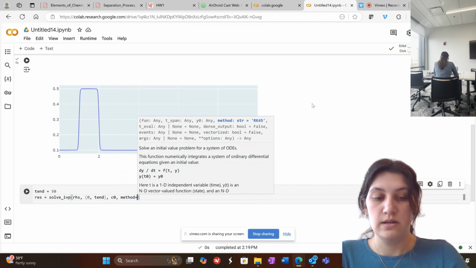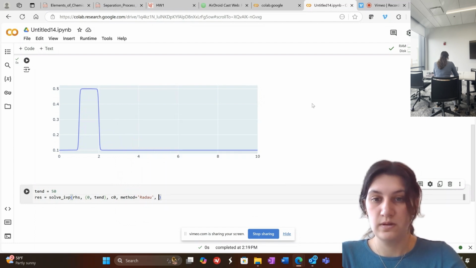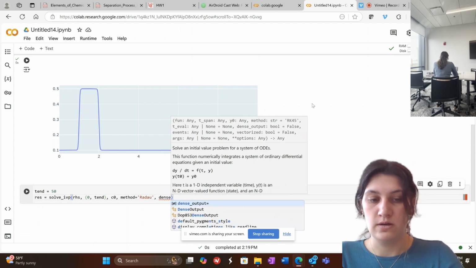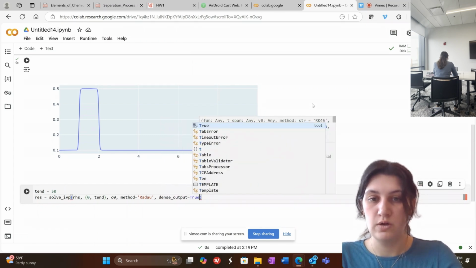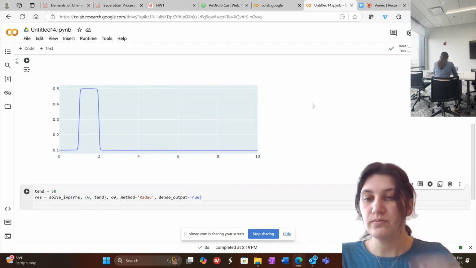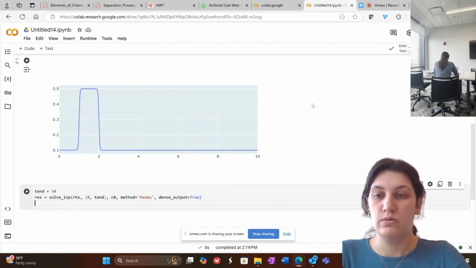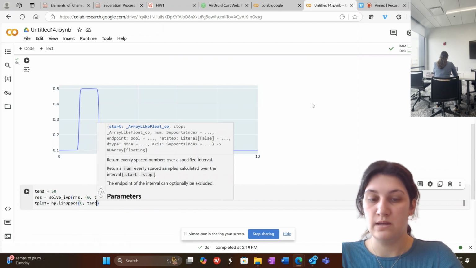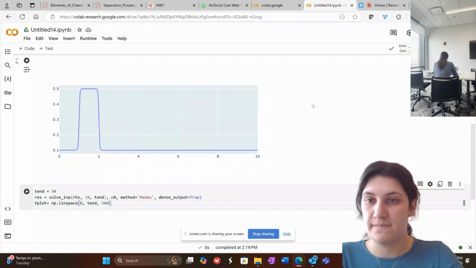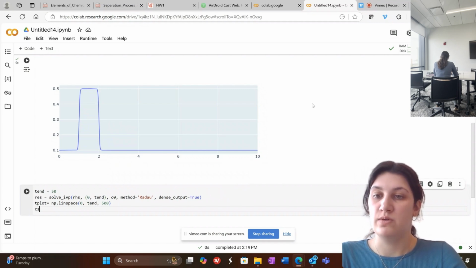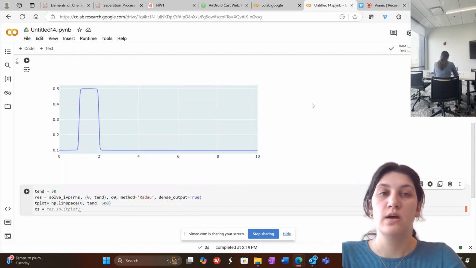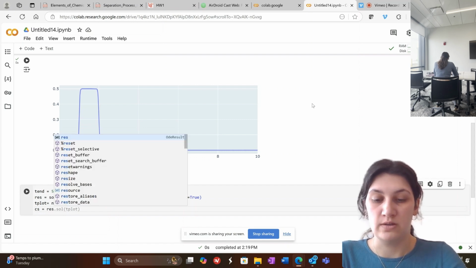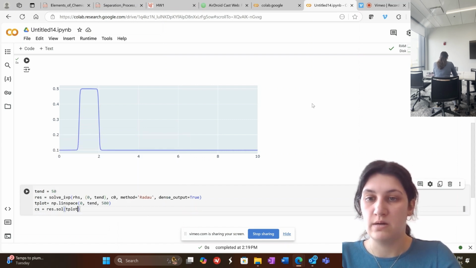Our method is what we need, and dense_output equal to True. Now we are ready to plot this, so we need to do t_plot equal to np.linspace 0 to t_end, 100.